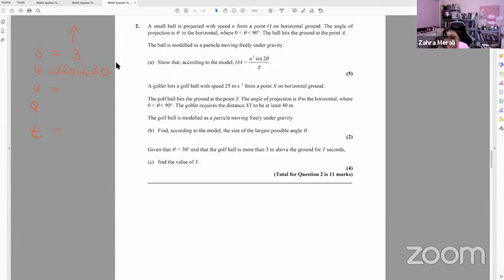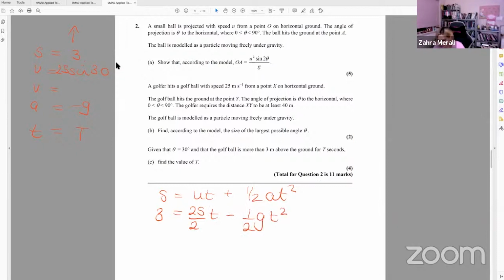We're trying to find t, and we know a is minus g. So again, we can use s equals ut plus a half at squared. So we get 3 equals 25 sine 30 t. Sine 30 is a half. So 25 over 2 t minus a half gt squared.